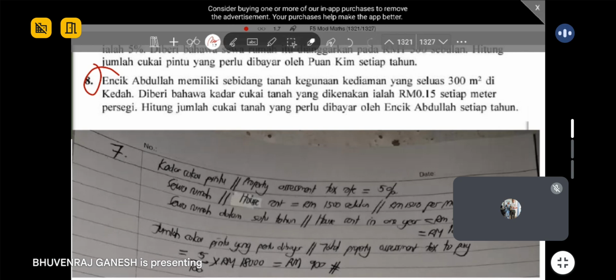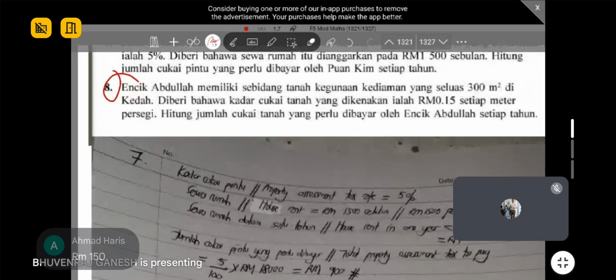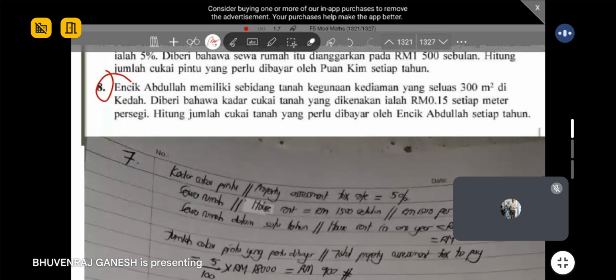Kalau tak tahu soalan 8 kamu boleh bagi tahu. Kalau kamu tak tahu macam mana nak buat, if you don't know how to do, just tell. So dah tahu ke? Ahmad, apa jawapan kamu? Bukan? Salah.